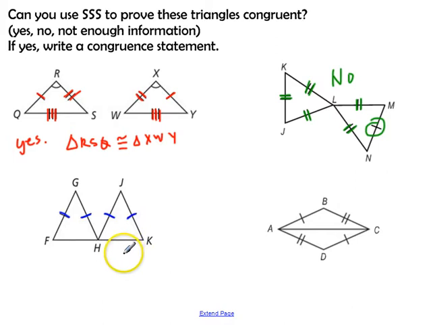You cannot add additional side markings unless you have a theorem or a postulate to back it up. And since we don't have any reason to say that those are the same, we don't have enough information. So we can put NEI, which stands for not enough information. We cannot say whether these 2 triangles are congruent because you don't know anything about that third side. So again, you need to be very, very careful about not adding extra information here.